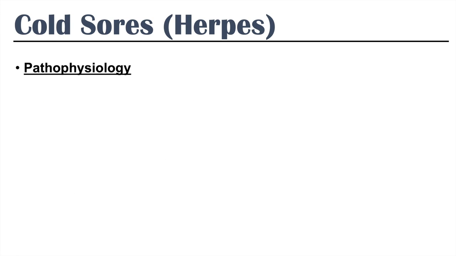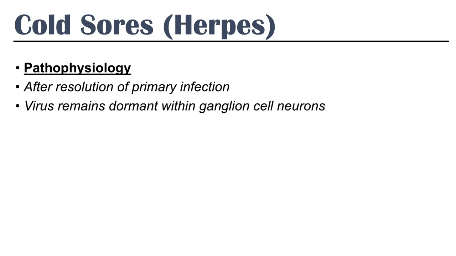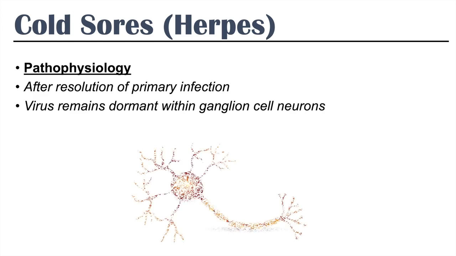Now, the pathophysiology of cold sores and herpes virus in general is that after the resolution of the primary infection, so after that 10 to 14 day period where your body eventually seems to resolve the infection and you're back to your normal self, unfortunately the virus hangs around and remains dormant within ganglion cell neurons.